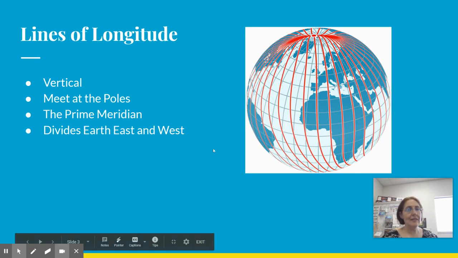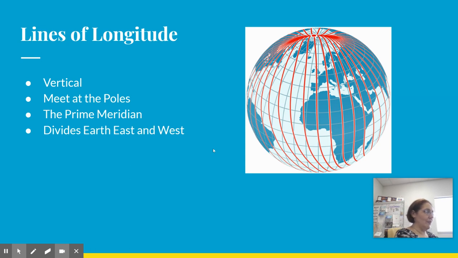The next one is lines of longitude. So I'm going to write down lines of longitude. You can do this in different colored pens if you want to make it creative. You're certainly welcome to do that. So put lines of longitude right there.